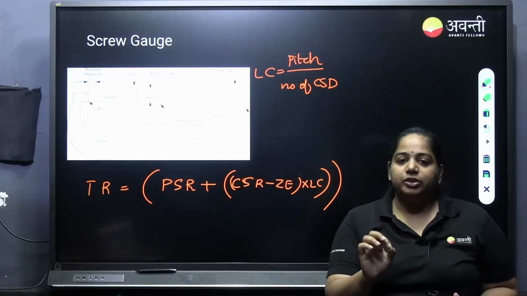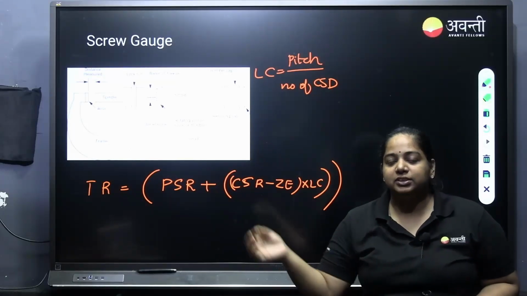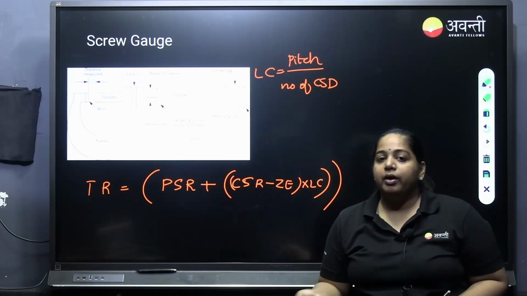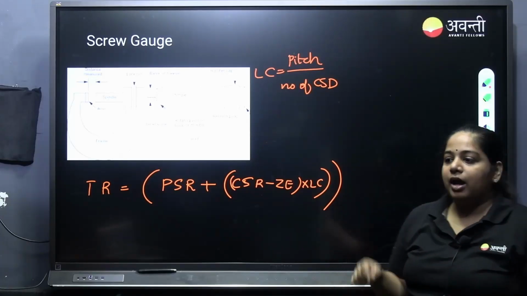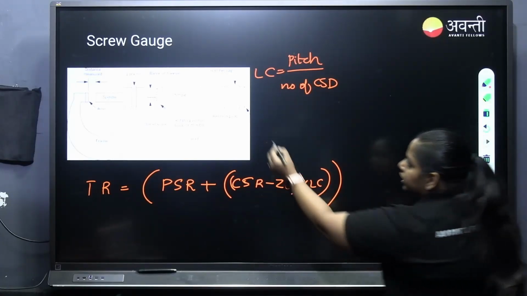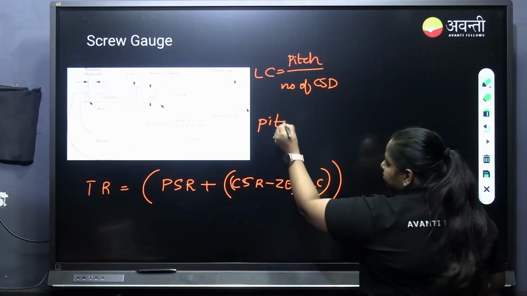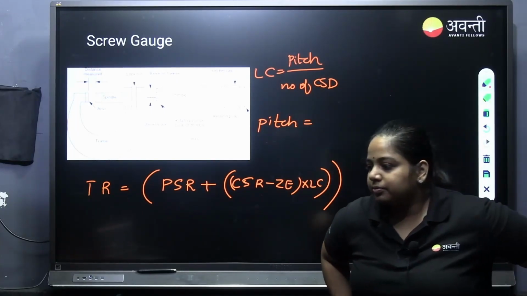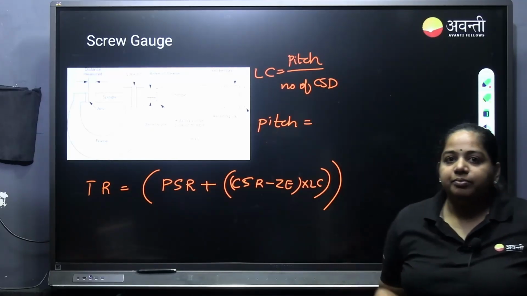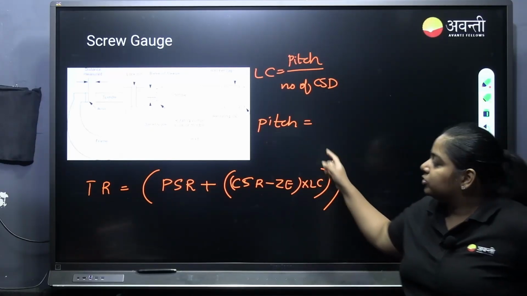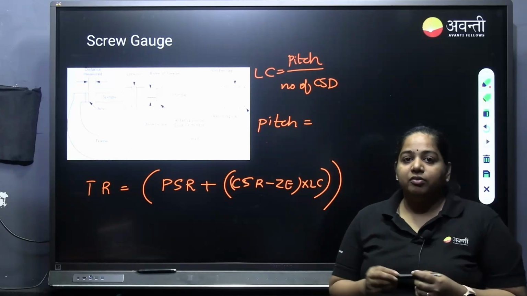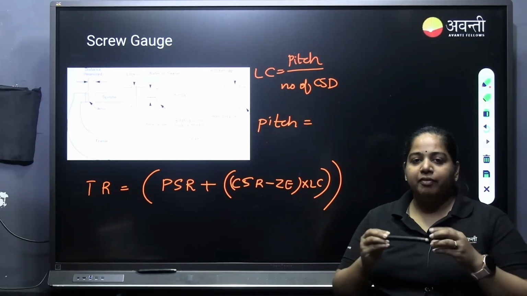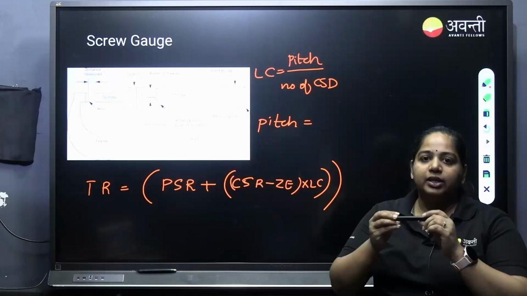Pitch, 90% of the time they will give in the question, pitch is this value. If it is not given, how to find pitch? Does anyone know that? What is the pitch of a screw gauge? Anyone? So pitch means, I hope you remember when doing the screw gauge, you will do one thing.